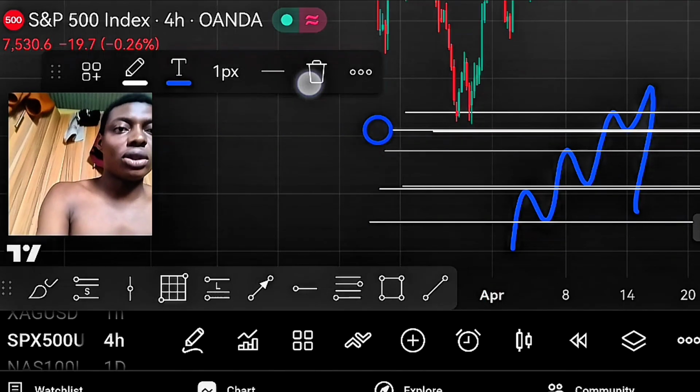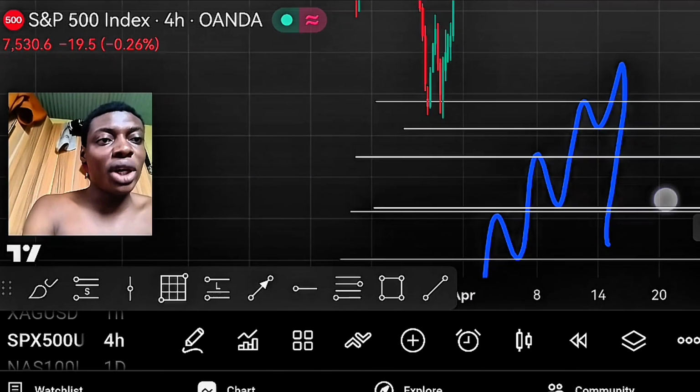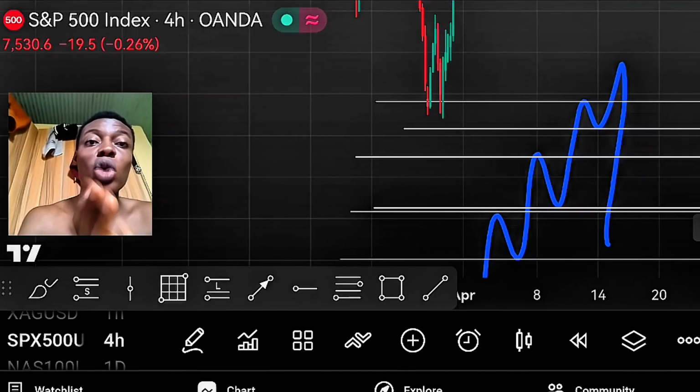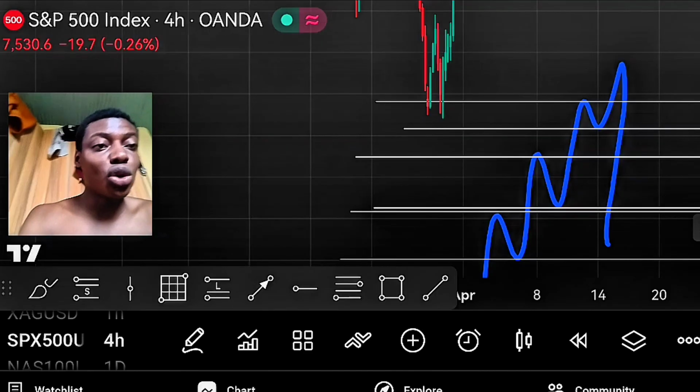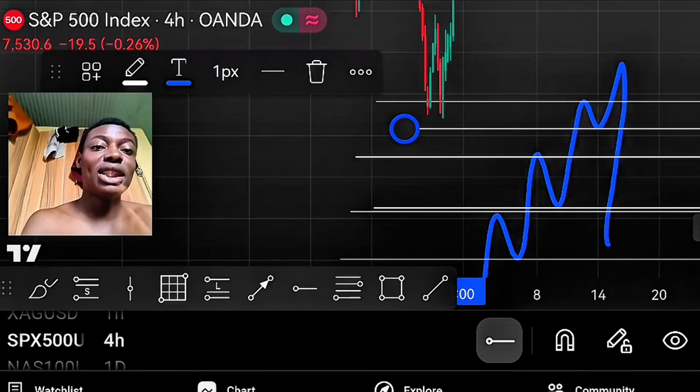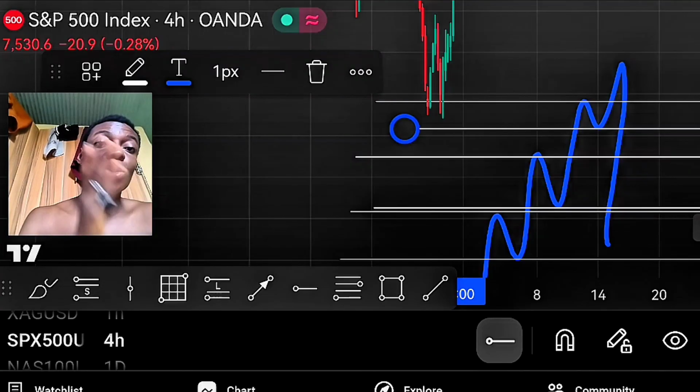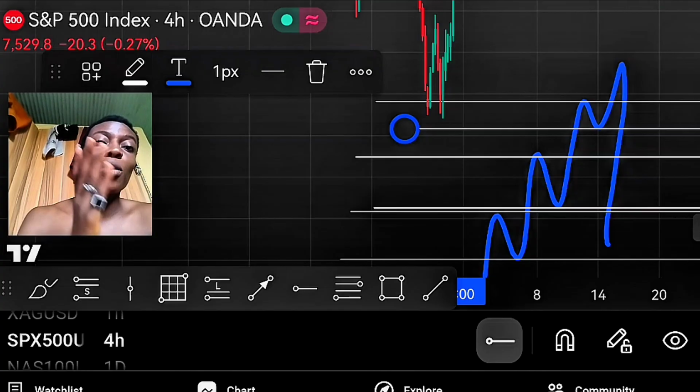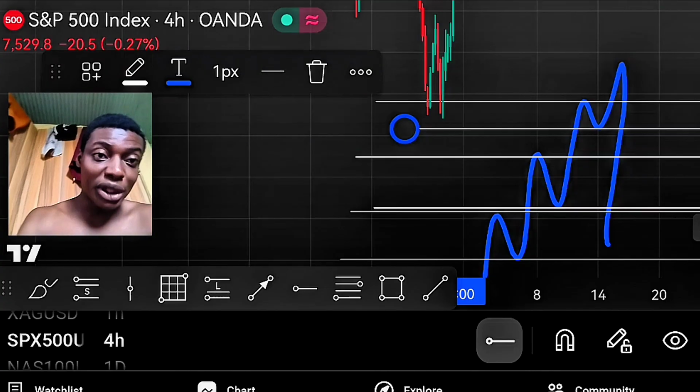Okay, I've drawn the higher low. So when we end up coming down, closing below this higher low, this is a break of structure to the downside. Now price will be bearish.